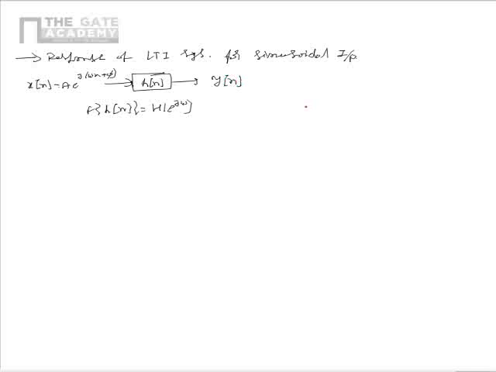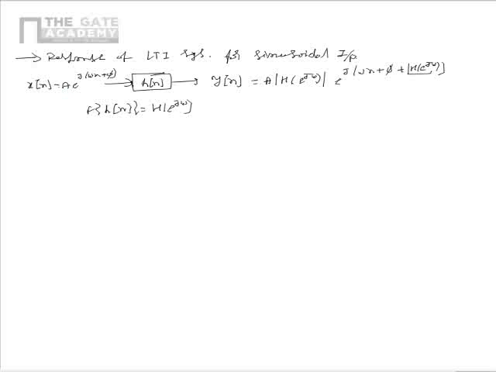In this case, the output y of n can generically be written as A times magnitude of H of e power j omega, e power j times omega n plus phi plus phase of H of e power j omega.